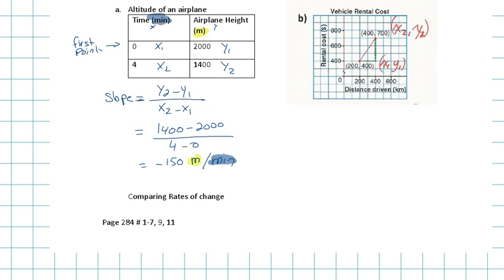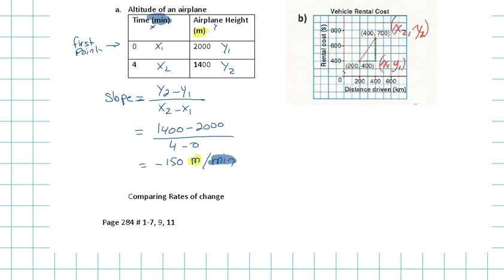So what can you tell me about that rate of change? When you read negative 150 meters per minute, what does that mean? Explain it to me in words. The height of the airplane changes by negative 150 meters in 1 minute.